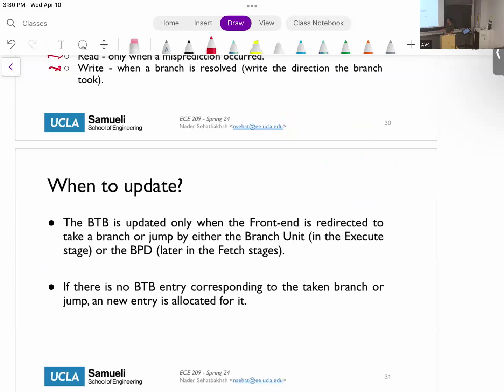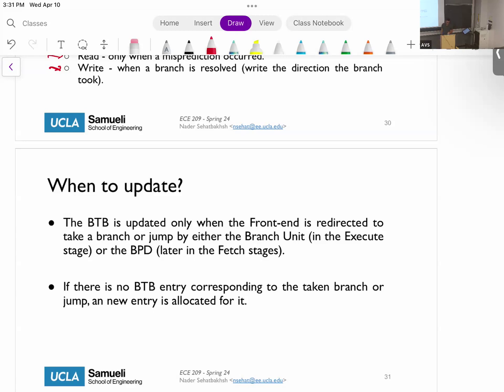So when do we update the bimodal? We update when we know the actual outcome, right? Once we know whether this was indeed taken or not taken, you have to go back and update your history, because next time you read this, you need to know the correct history. If you don't update, then you're not doing it correctly.